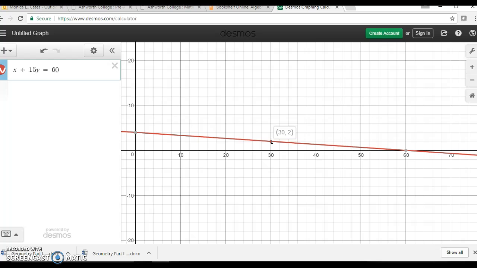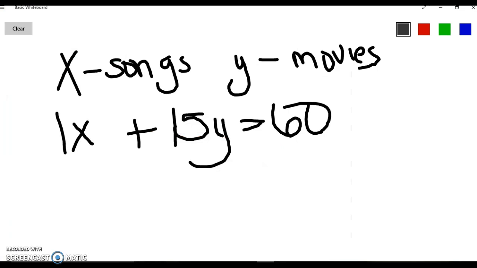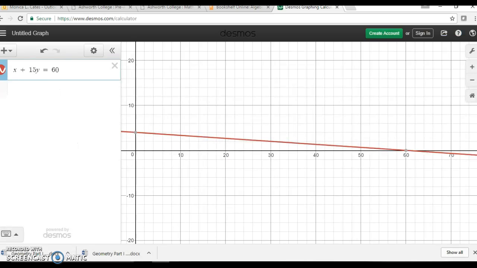Here's 1 point, 30 and 2. So that means I can have 30 songs and 2 movies. I can choose 60 and 0.